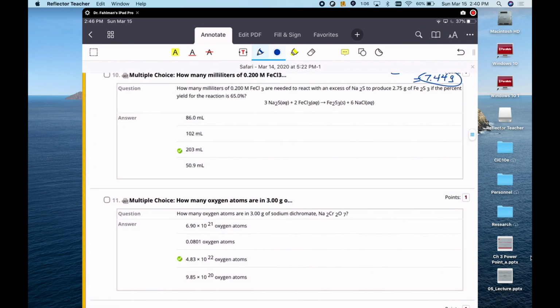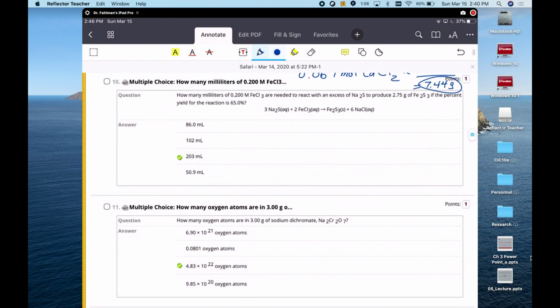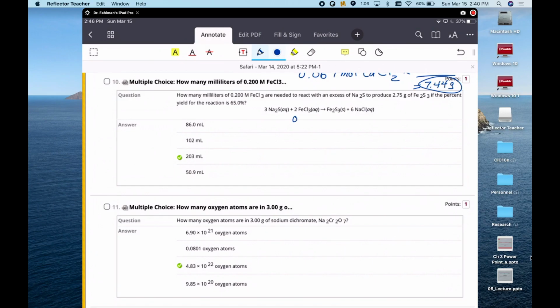For this next question, it's a lot of moving parts, so let's just break it down. You're told you have 0.2 molar of this and an excess of that, so this is the limiting reagent. You're going to produce 2.75 grams of the iron 3 sulfide, but the percent yield is only 65%.